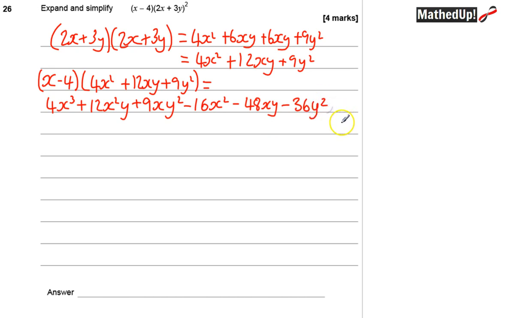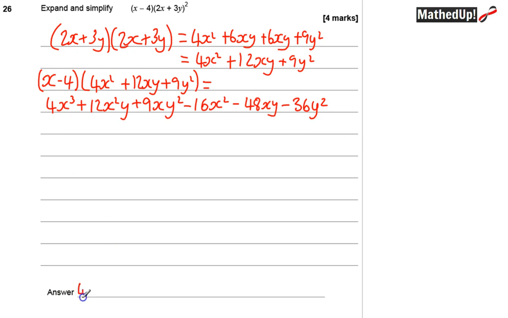Okay, let's see if there's any common terms here. So I've got an x cubed, an x squared y, an xy squared, an x squared term, an xy term, and a y squared term. So there's no common terms over here. So as this expansion, that should be my answer. So I'm going to write it down on my answer line over here.